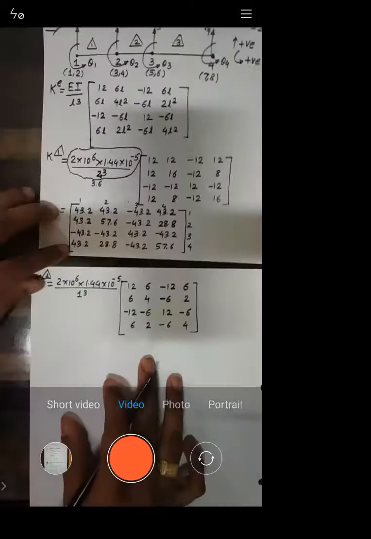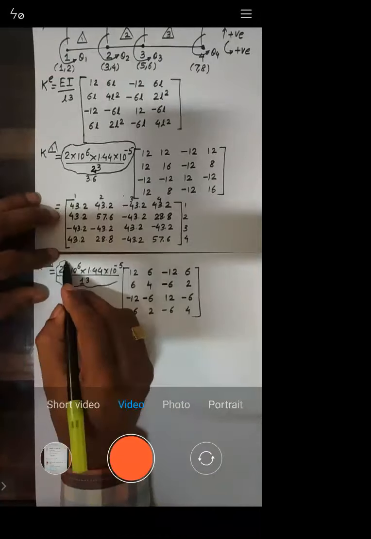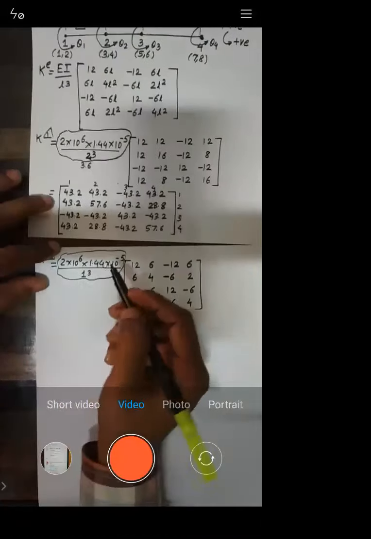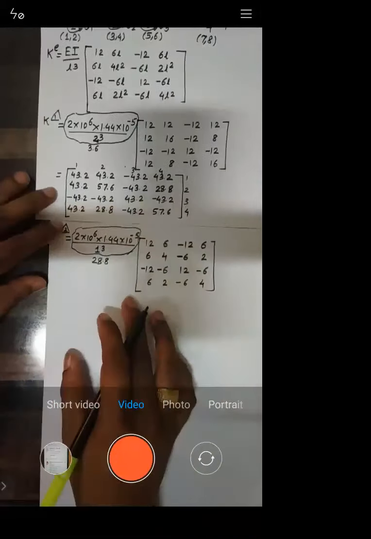Is it okay? Right? Now let me know how much this term is coming. 28.8, right? So we are supposed to multiply it inside.